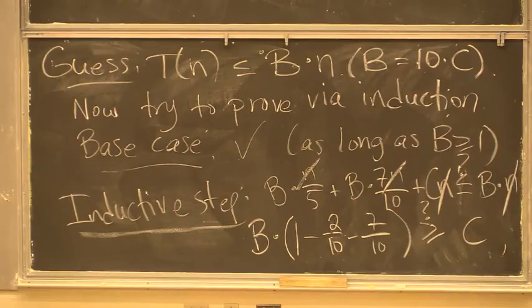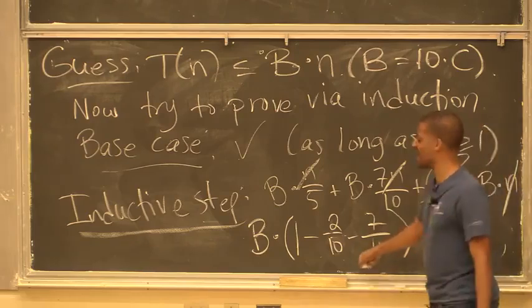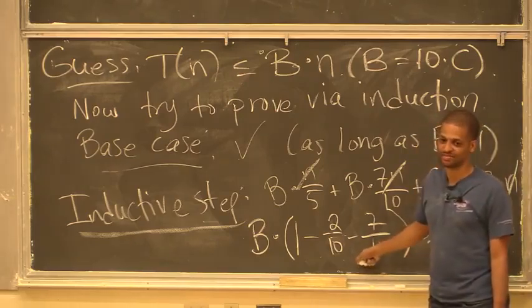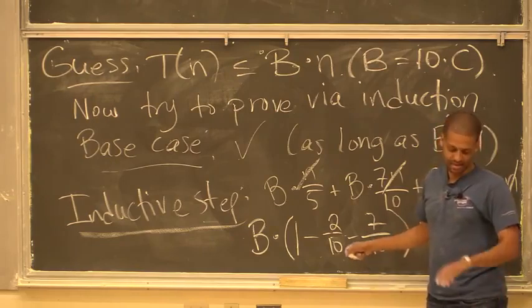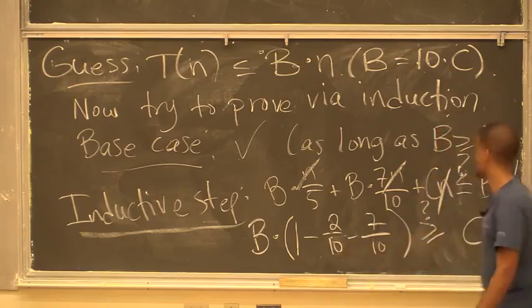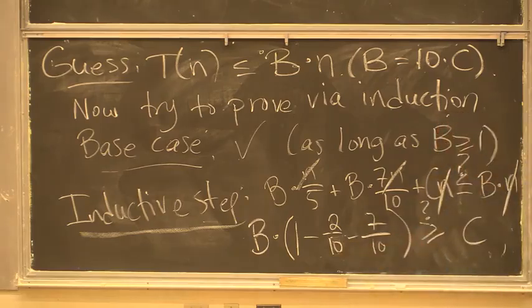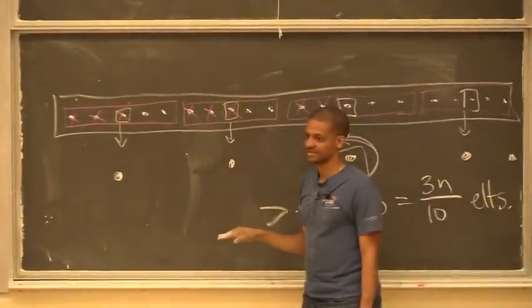And this is exactly the place that breaks down if you try to do groups of size 3. If you try to do groups of size 3, I guess we have 4 minutes, let's reason about it. What I can say is this guy is bigger than 2 elements in half the groups.